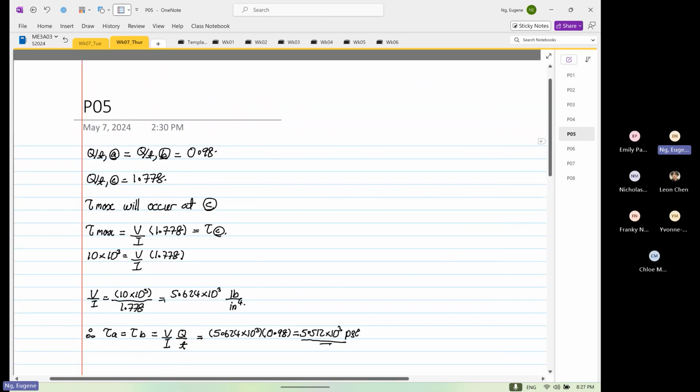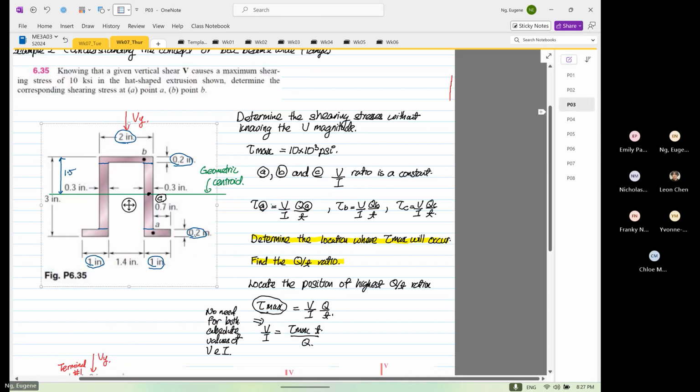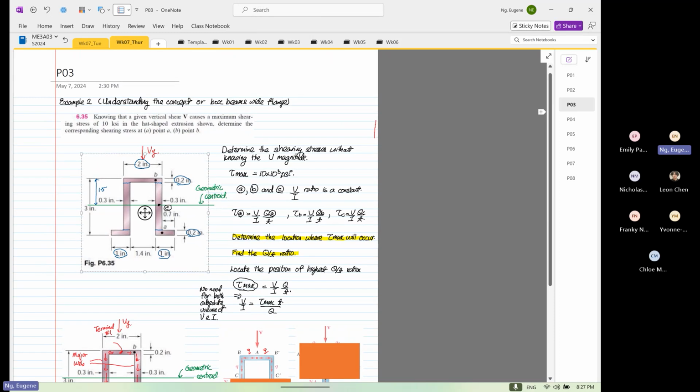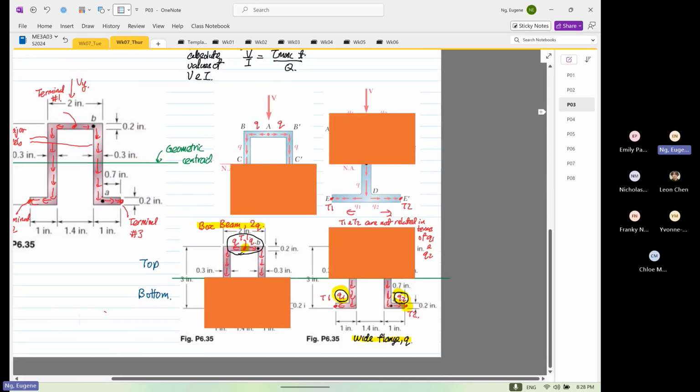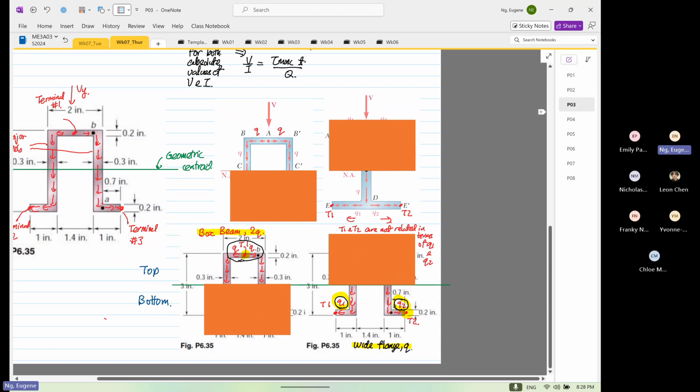So like I said, a very abstract example, but it's not that difficult if you understand the concept well, between the definition of box beam and wide flange. And all you need to do is to cover the top and cover the bottom.